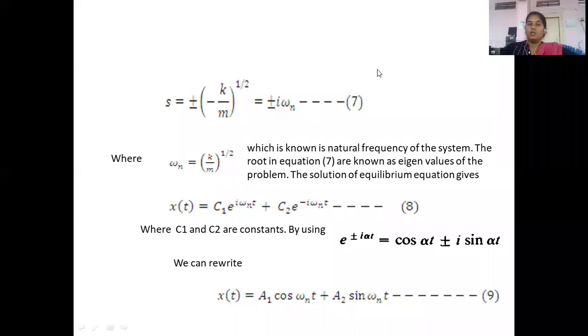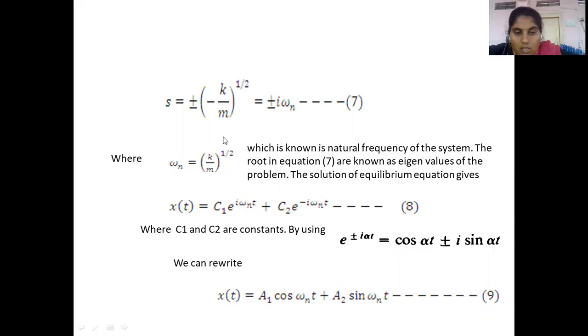the solution of this equation is s is equal to, now this is a quadratic equation, ms square plus k equal to 0. It is one of the quadratic equations in terms of s. So you have to solve the quadratic equation here, and based on it you will get the two values of s, that is s1 and s2.